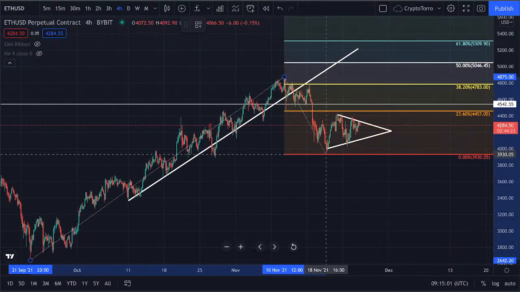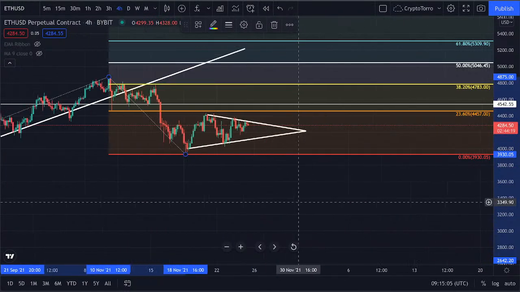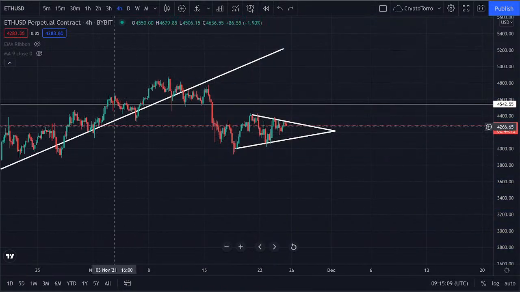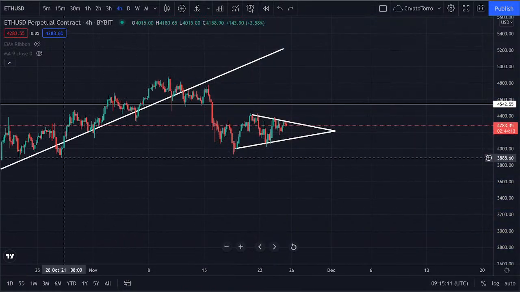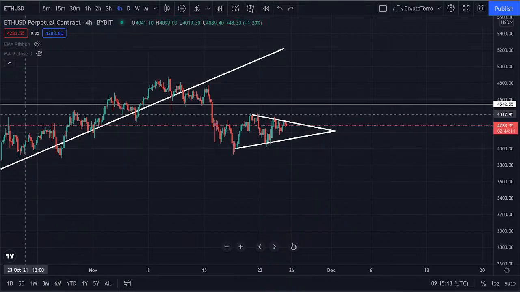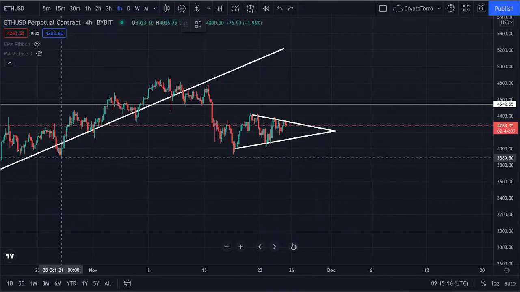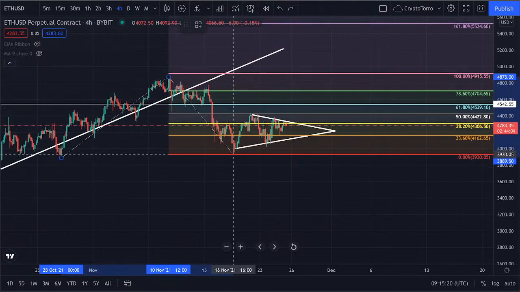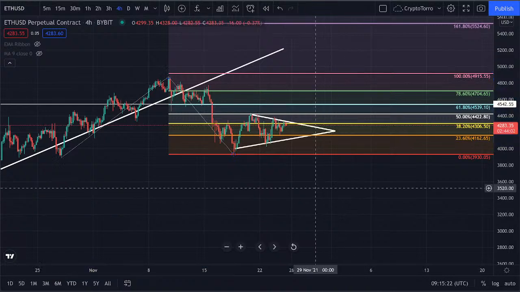So this is what we are seeing over here. I will be placing it a little bit more accurate, not as big as I did previously, just to take a quick look at where the levels are. This is exactly how I wanted it to be.